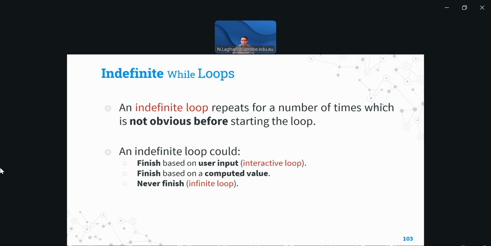It could also finish based on computed values: the loop condition does not decide that directly, but inside the loop body some computations are made, and those are then used in evaluating the loop condition. Or sometimes we never want to finish a loop, so the condition would always be true, and it would be doing the operation all the time.